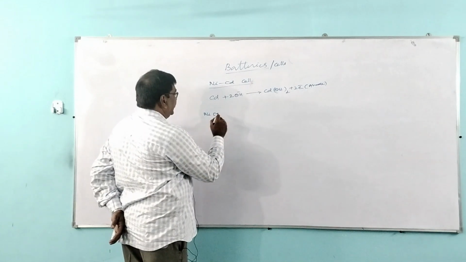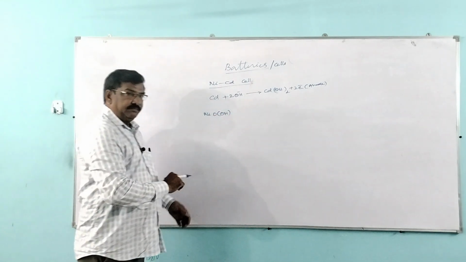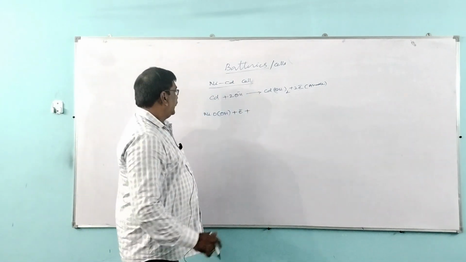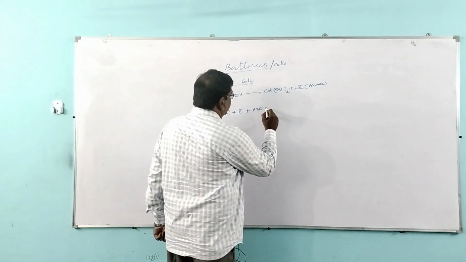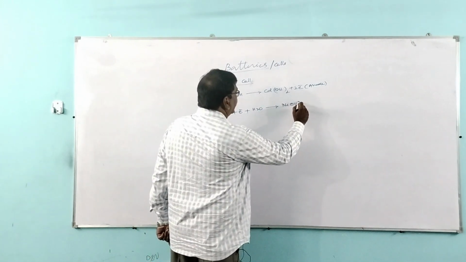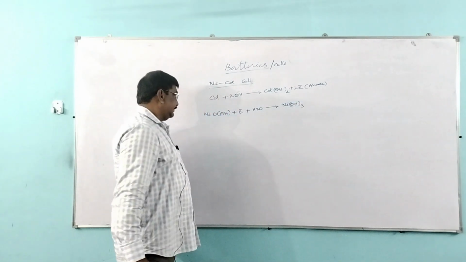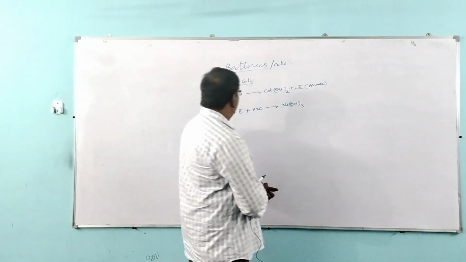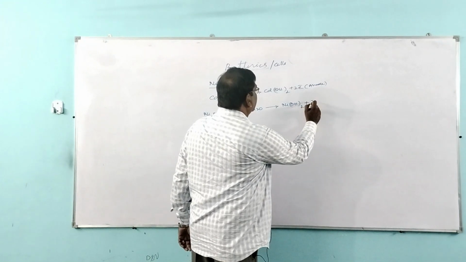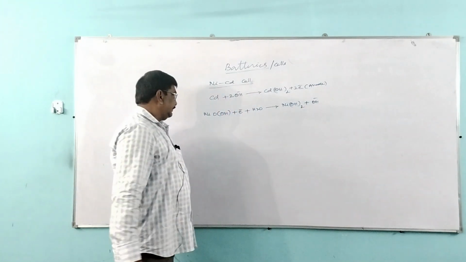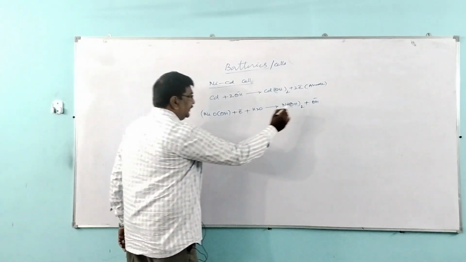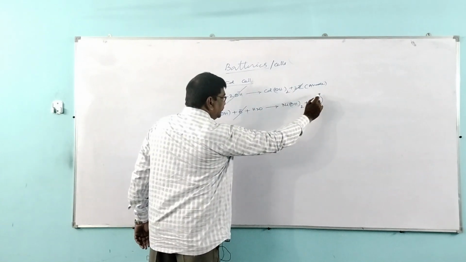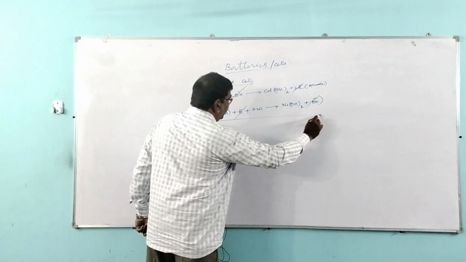Nickel oxyhydroxide, NiOOH, takes electrons plus H2O to give Ni(OH)2 plus OH minus. Multiplying this equation by 2, you can cancel 2 electrons and 2 OH minus. What is the overall reaction?